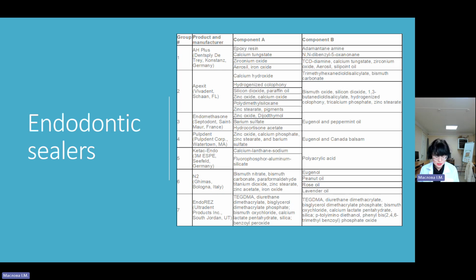ZOE sealers have a long history of use in endodontics and have commonly been considered the standard sealer for many decades. The original formulation took the form of a powder and liquid with silver particles to provide radiopacity. Unfortunately, the presence of these particles caused this sealer to stain the teeth.